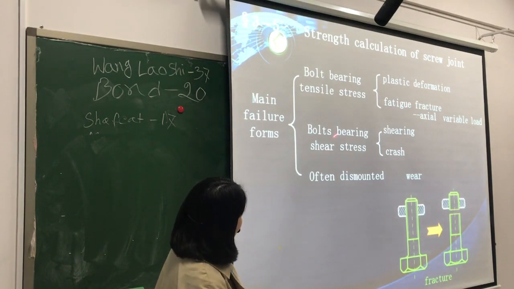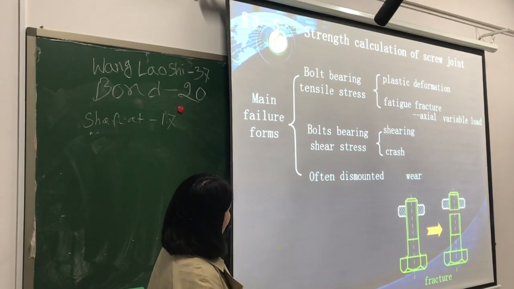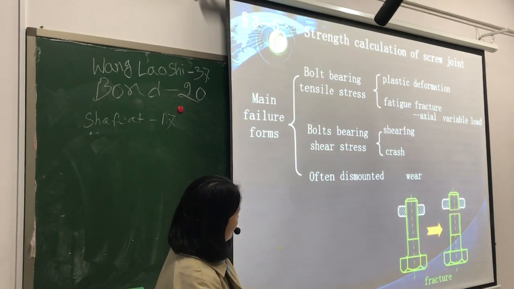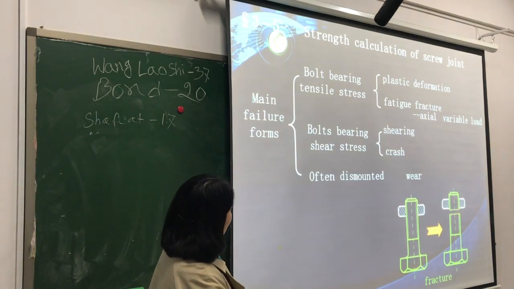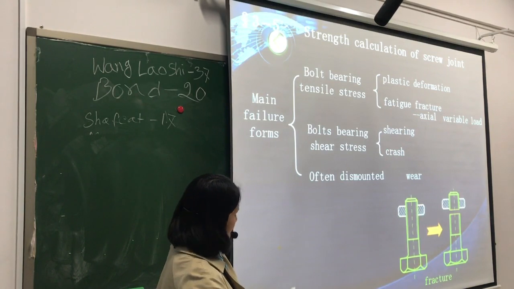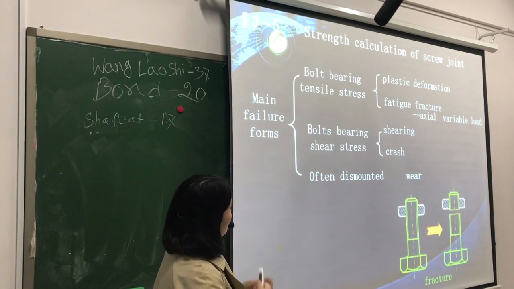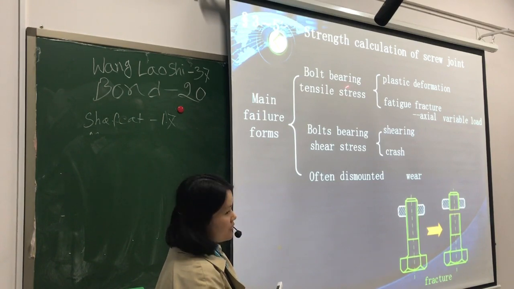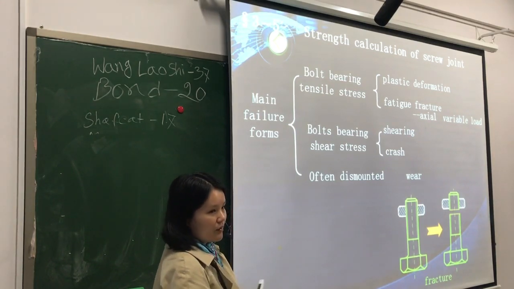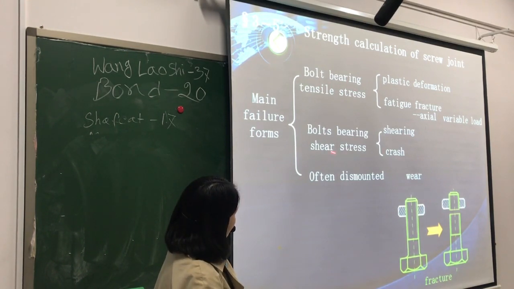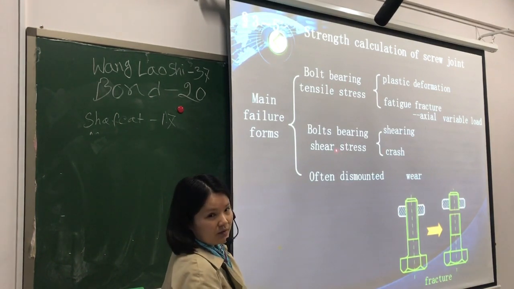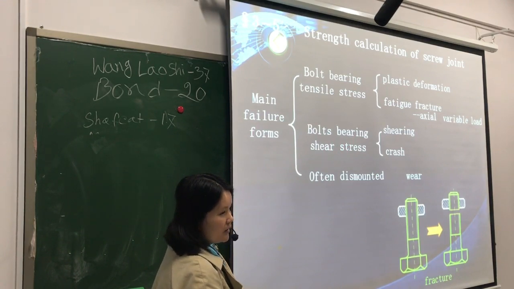And for a bolt bearing shear stress, the main failure forms are shearing or crushing. We usually use ordinary bolt joint for tensile stress, and use reamed bolt joint for shear stress.